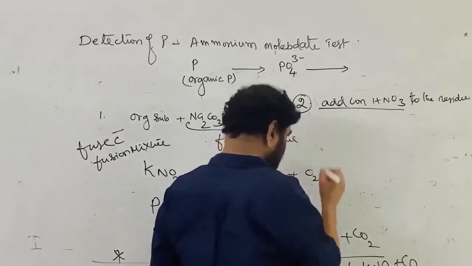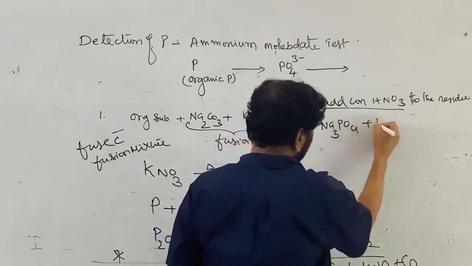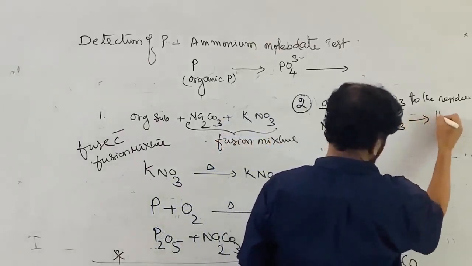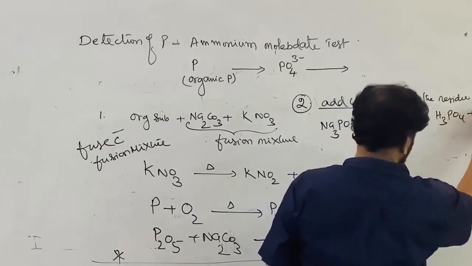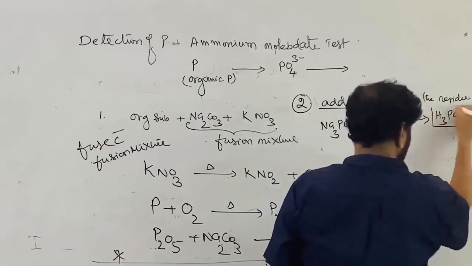There, Na3PO4, sodium phosphate, plus HNO3 gives H3PO4, phosphoric acid, plus NaNO3. So phosphoric acid is formed.